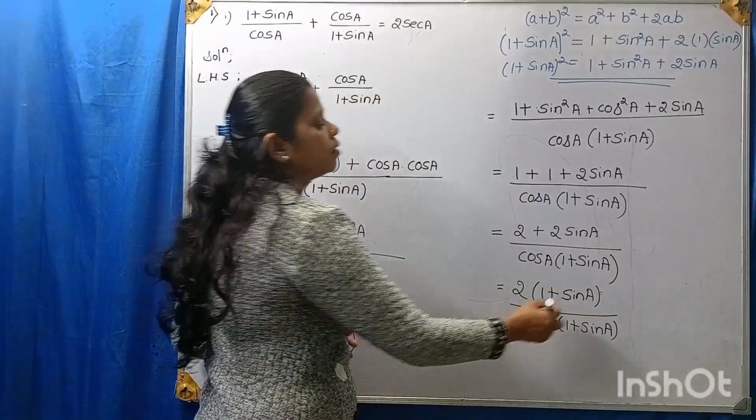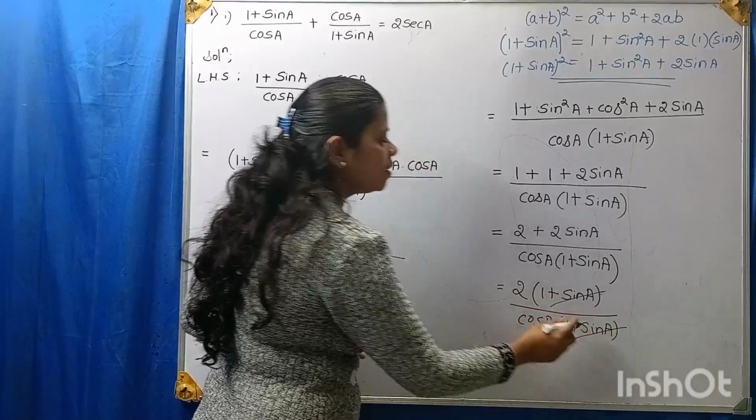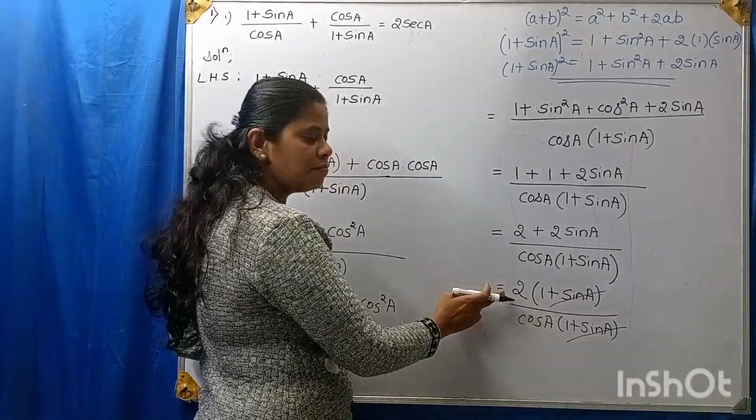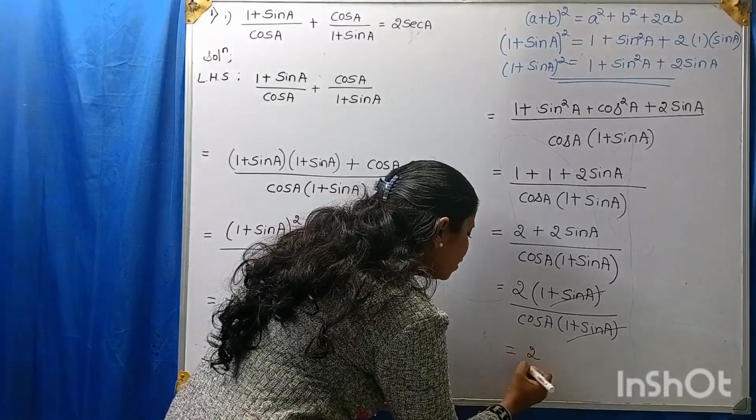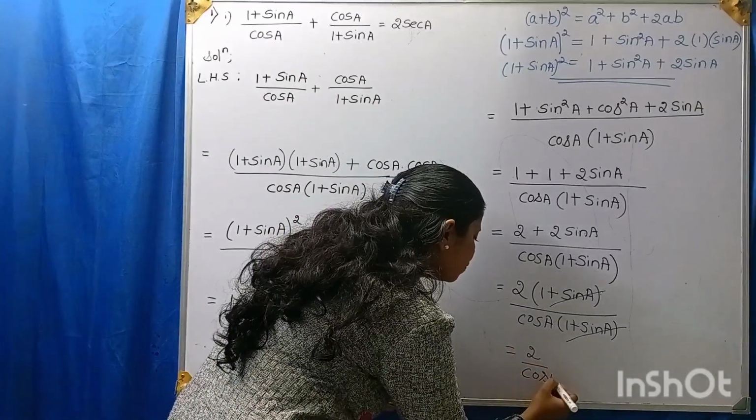Now look at this. (1 plus sin A) and (1 plus sin A) will get cancelled. What is left? 2 divided by cos A.